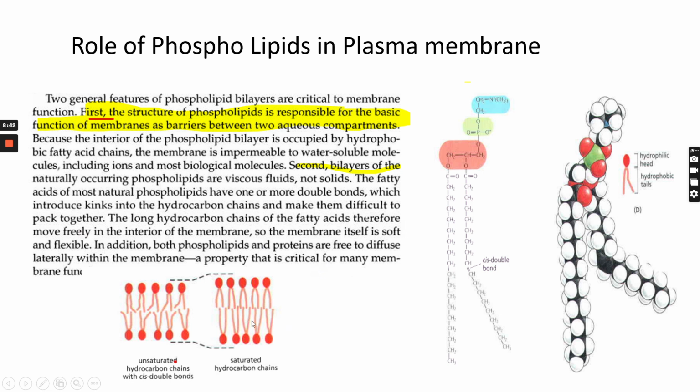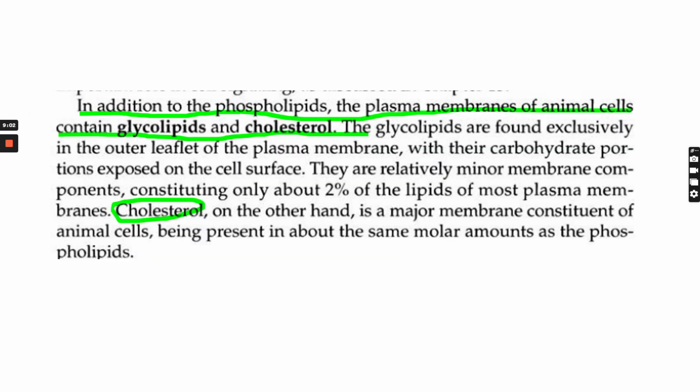So these hydrocarbon chains, in the presence of freezing, do not form a saturated, rigid structure. They maintain the fluidity. You have to remember that they maintain the fluidity even in the presence of freezing temperature.